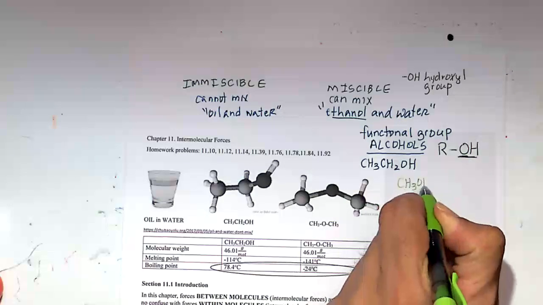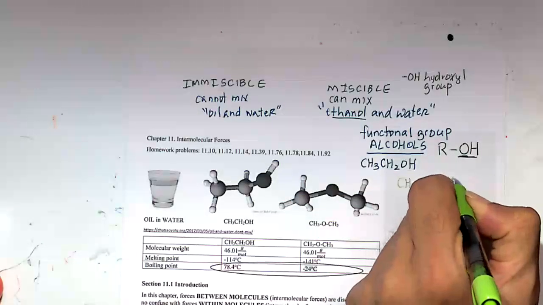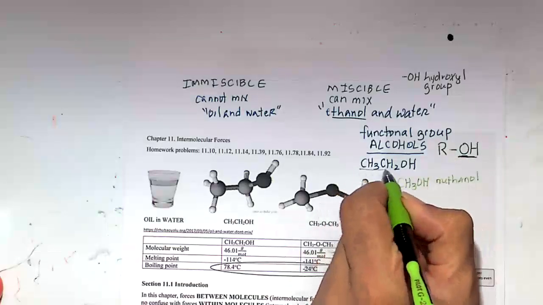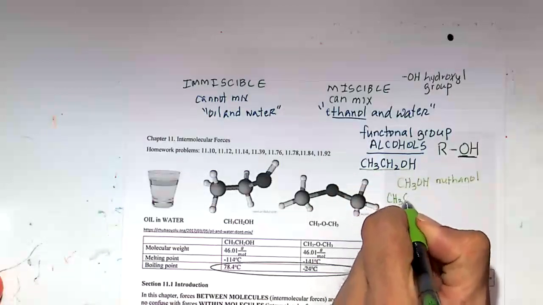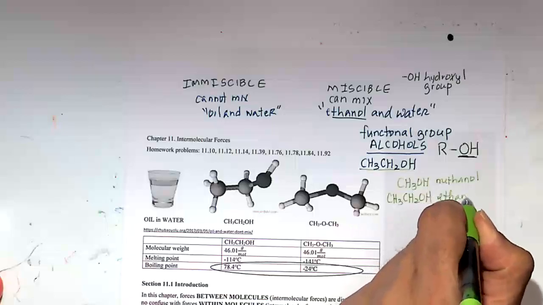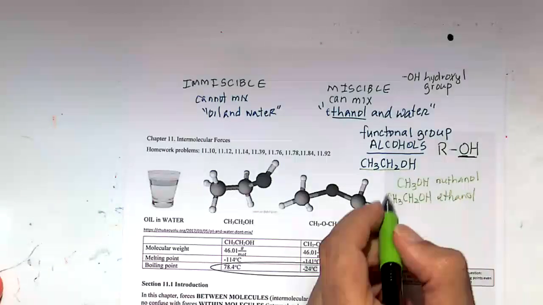This is called methanol. How many carbons? 1. All right, ethanol, which is what we have over there. How many carbons? 2. How many carbons for 3?